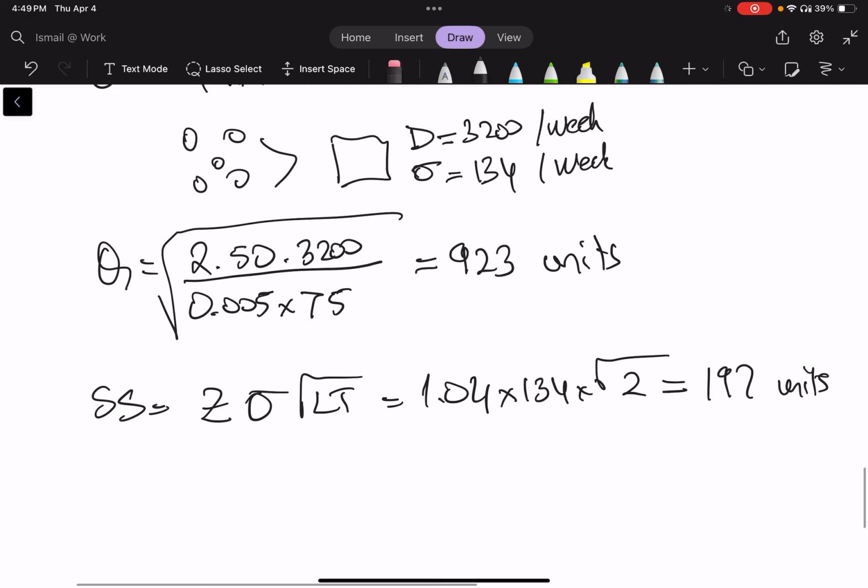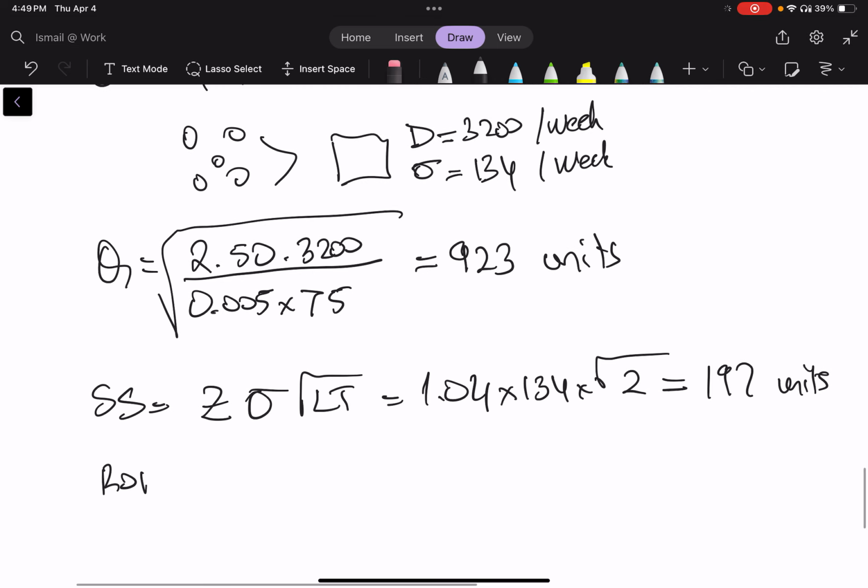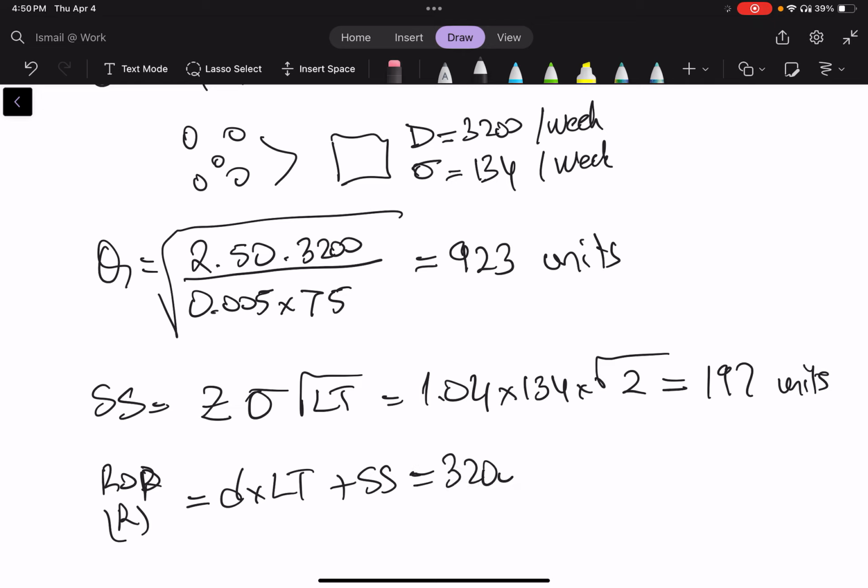Right? Reorder point, or R, that is D times LT plus the safety stock: 3,200 at this new location times 2 plus 197, 6,597 units.